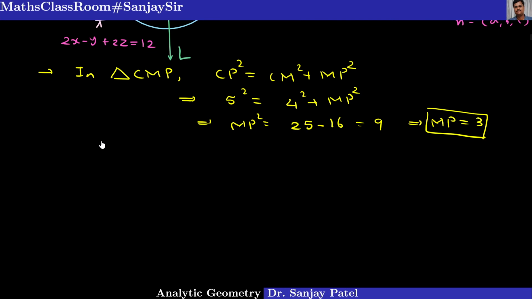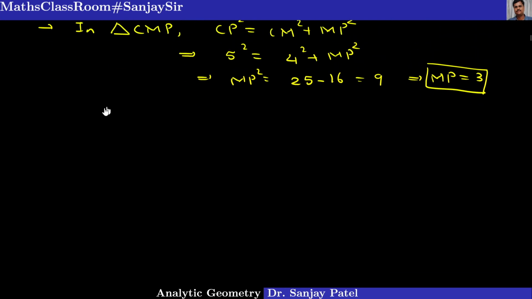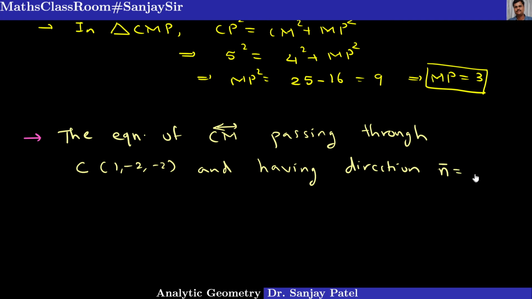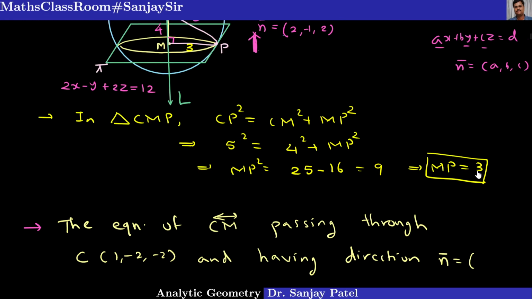So let me write down. First of all, the equation of the line CM passing through the point C, which is (1, -2, -2), and having direction as n bar, which we obtained as (2, -1, 2).